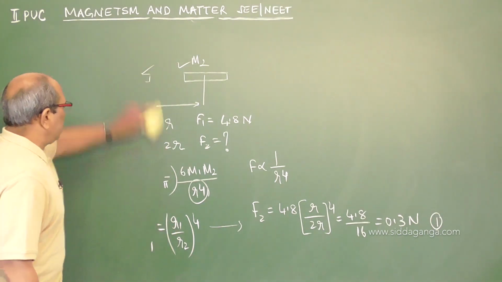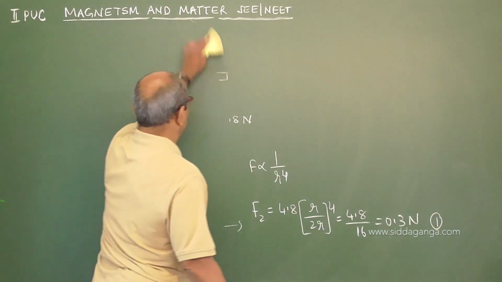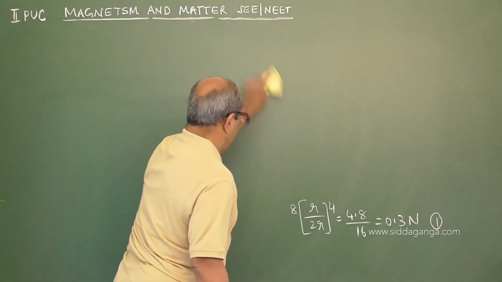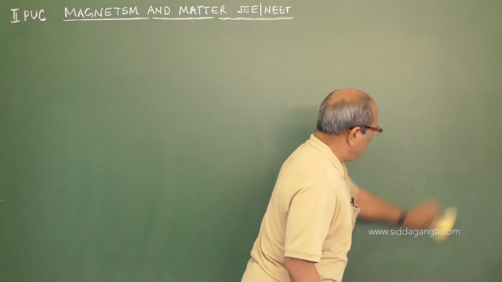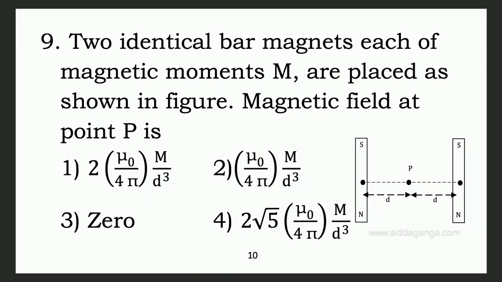Coming to the next one. Two identical bar magnets, each of magnetic moment m, are placed as shown in the figure. Find the magnetic field at point P. Carefully see in this case the direction of the field along the axis and perpendicular to the axis.